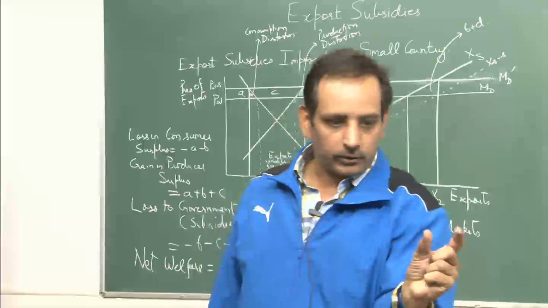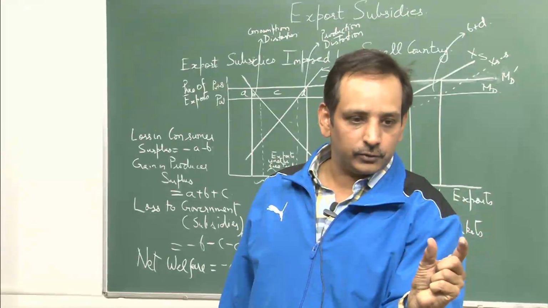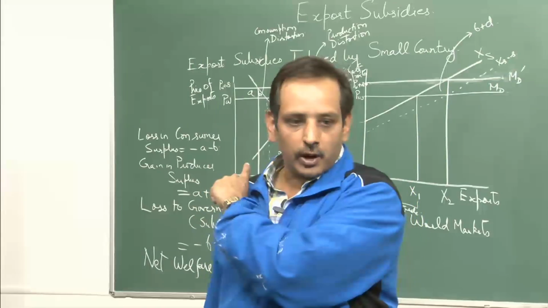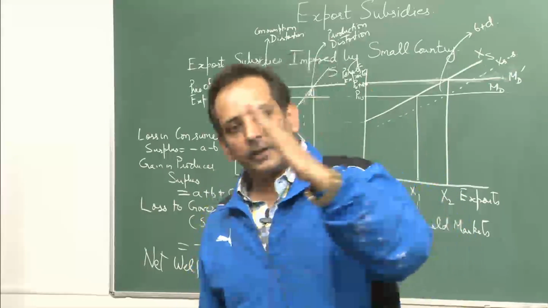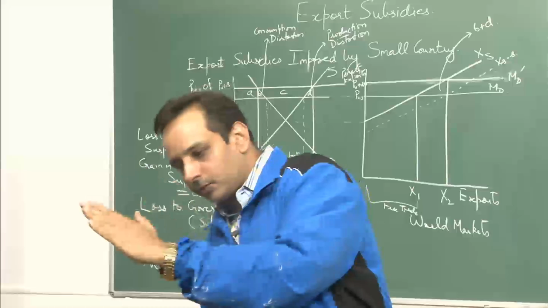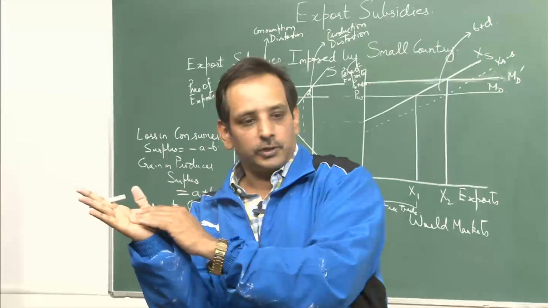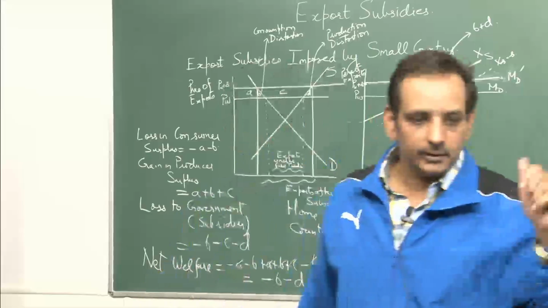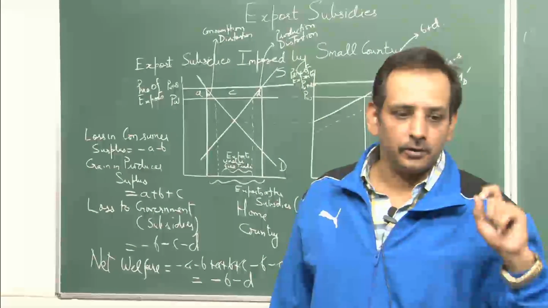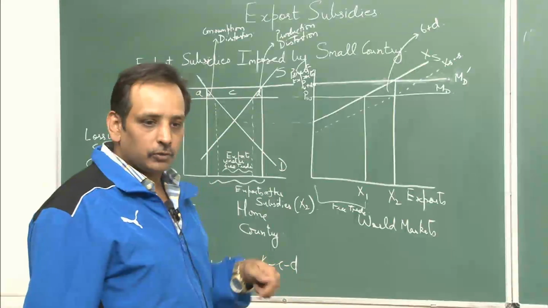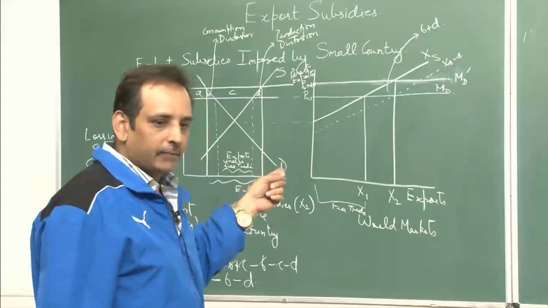So the exports will be smaller than the case when you have export subsidies. The export supply curve will shift to the right, but not by the amount of the export subsidies. So yes, prices will be depressed, but not by the amount when you give the export subsidies. So that is the argument. I will make a diagram for that also.